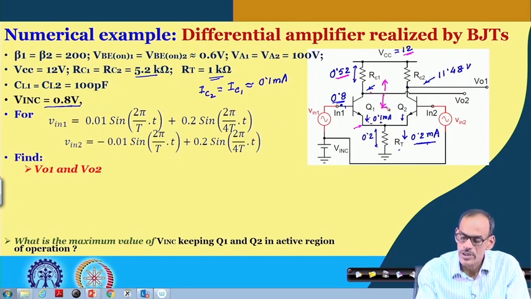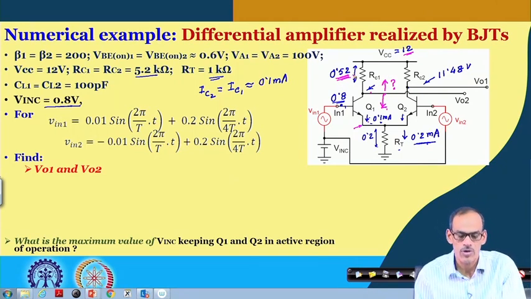So, the lower limit here is 0.5. If 0.5 is the minimum value of the output voltage, then we do have a very good swing, close to 11 volt. So, the negative side swing is not a problem, but the positive side swing is very small, 0.52. So, that is the first problem.